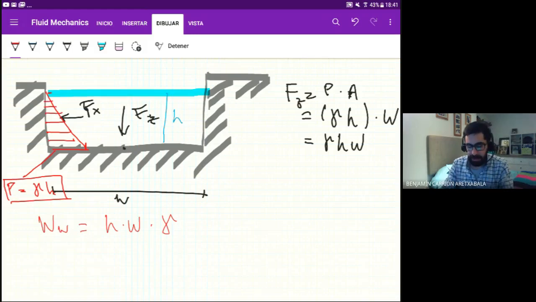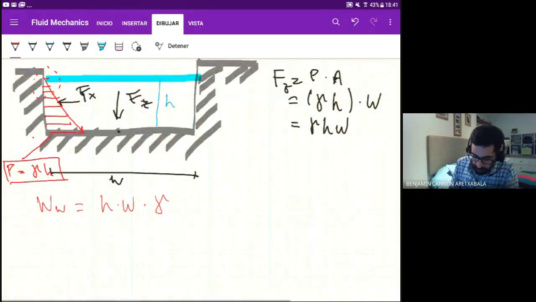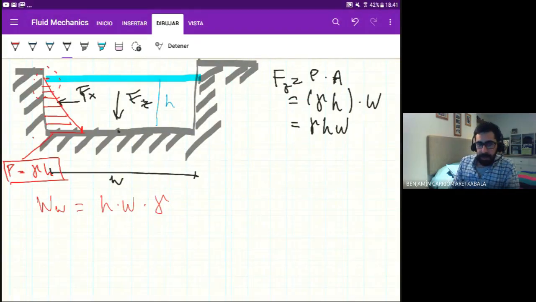So you can see in the first part you have very small pressure, and here you have a very large pressure acting on the wall. And here is where integrating will become handy.